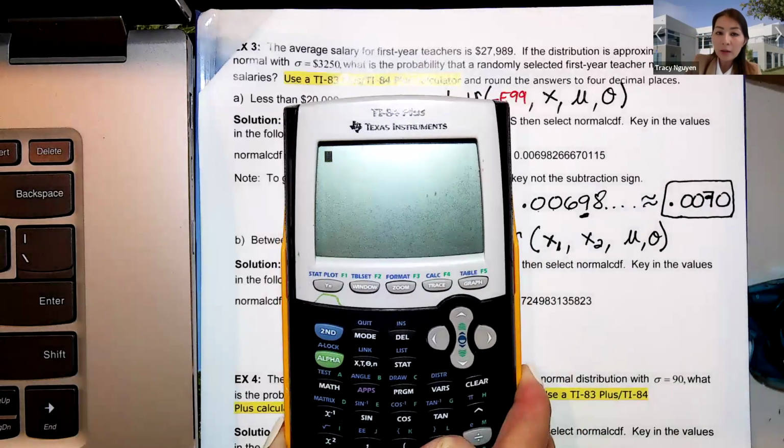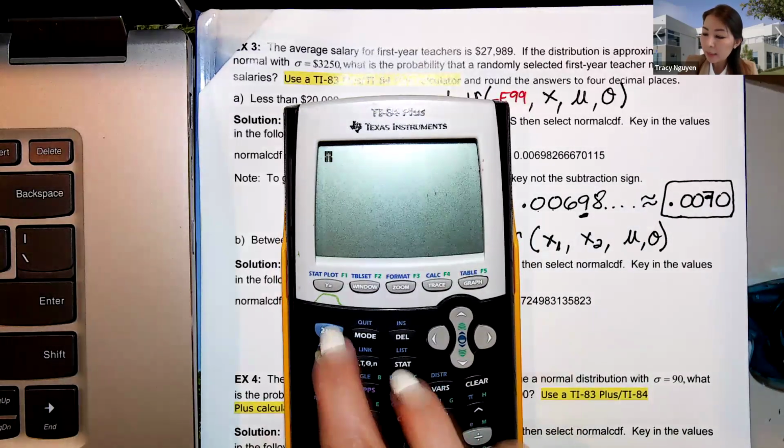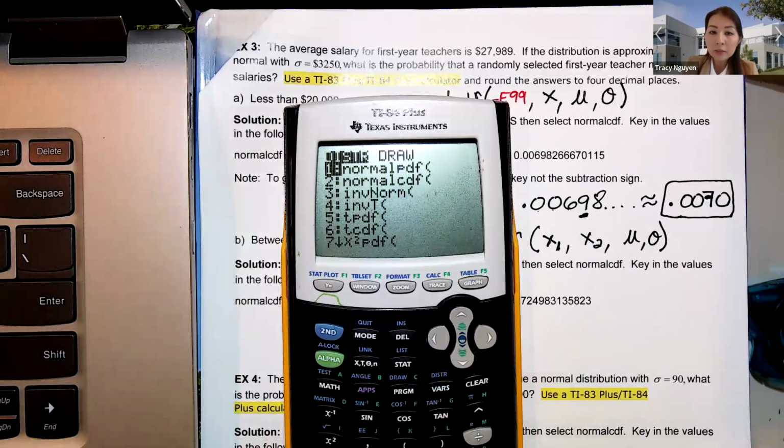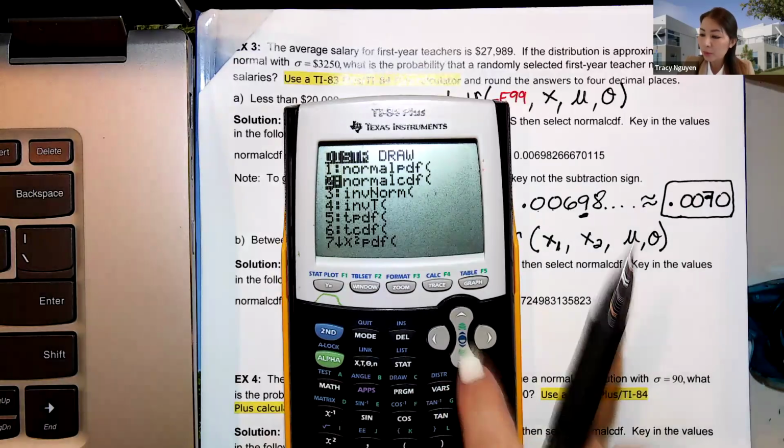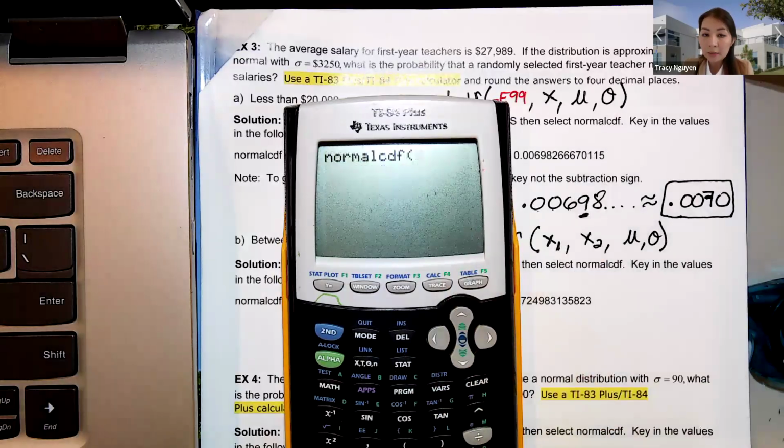Let me do this on here for you. Second bars to get to this drop-down menu. Then we select number 2 from the drop-down menu. So you go down to select number 2, press enter.